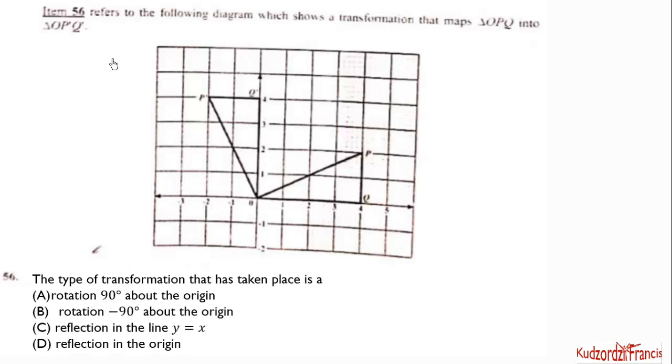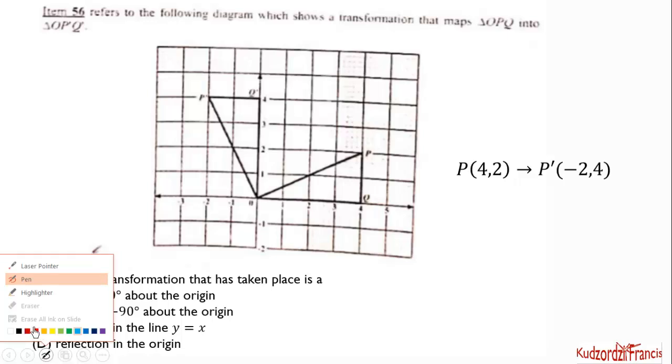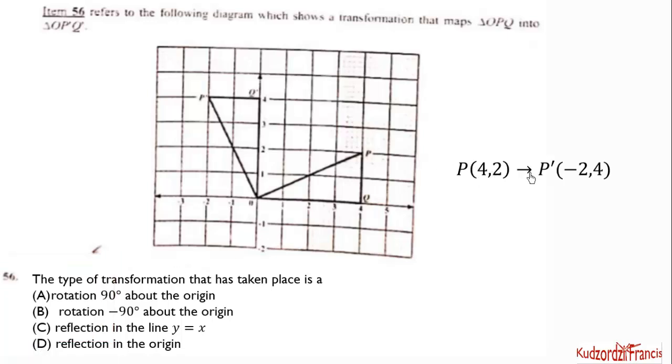Now we want to find the type of transformation that has taken place. So to do that, we examine the coordinates. Look at point P. Point P maps onto P prime.